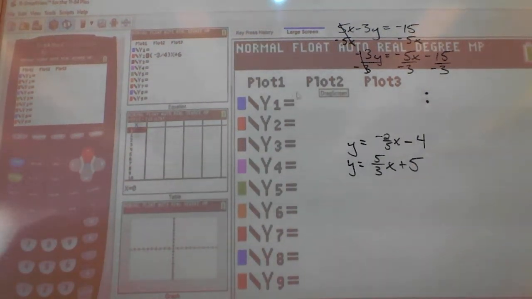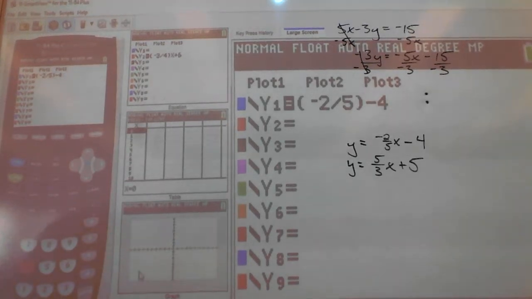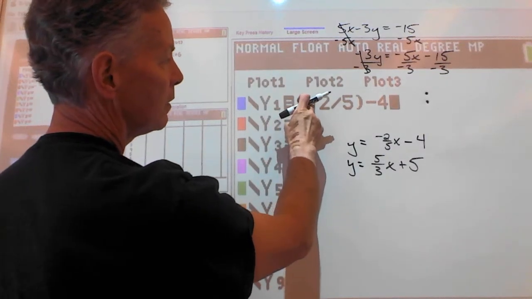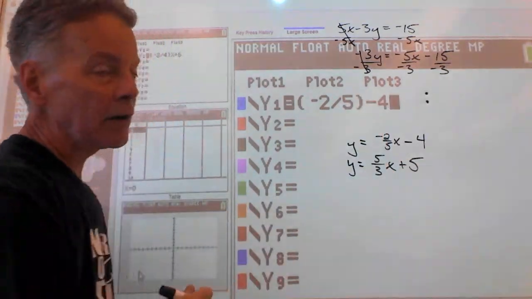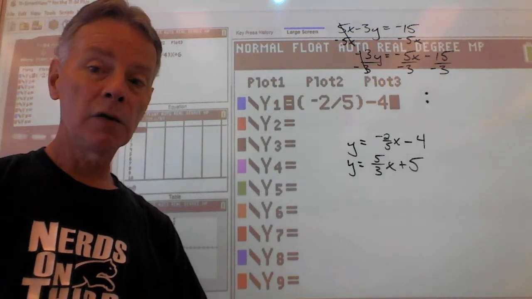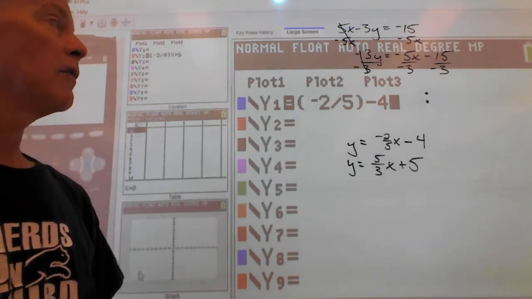So again, they've already done the y equals. You just have to put in bracket negative 2 over 5, close the bracket, minus 4. Notice the negative sign is slightly smaller and a little bit raised compared to the minus. That will become important if you make a mistake and use the minus sign instead of the negative sign.